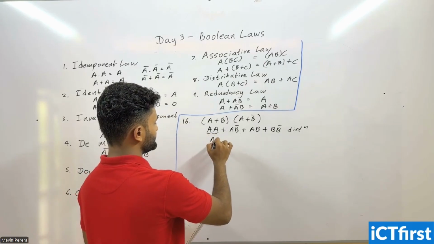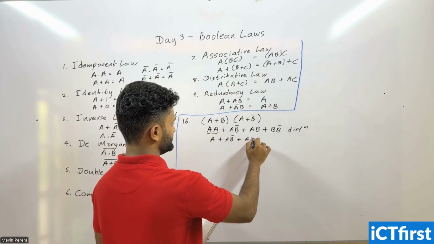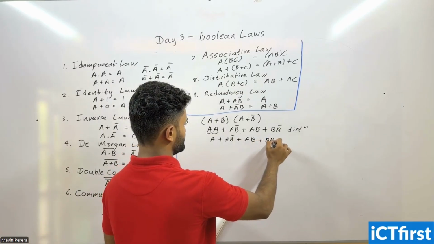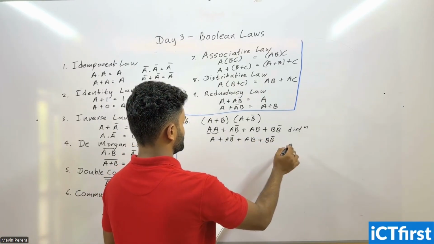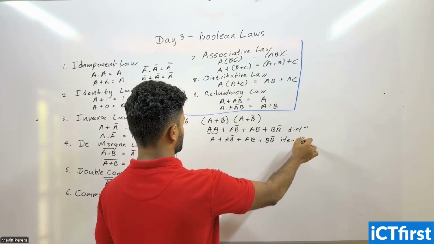A dot A is A plus A B bar plus A B plus B dot B bar. So this one, the law is idempotent law.